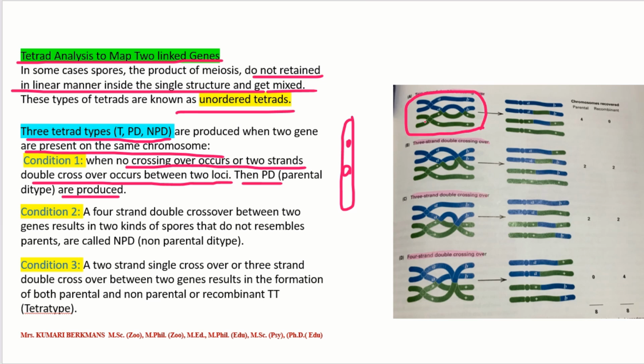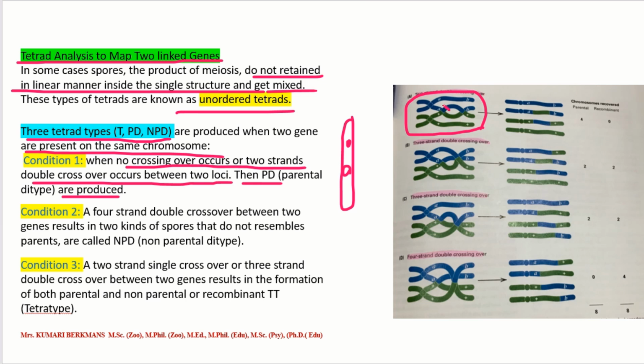You can see here, these are the 2 homologous chromosomes. They come together, and this possesses 2 chromatids, and this possesses 2 chromatids. So one chromatid from this side and one chromatid from that side, they cross. This is called a 2 strand double crossover between 2 loci.